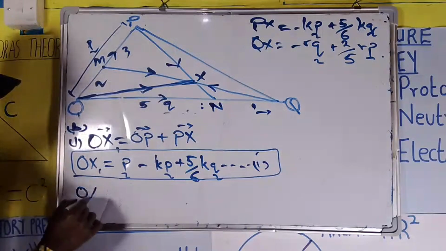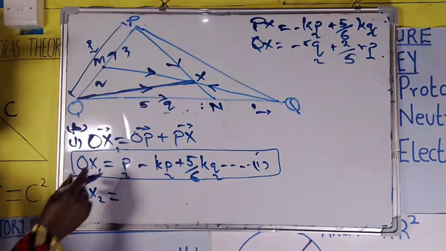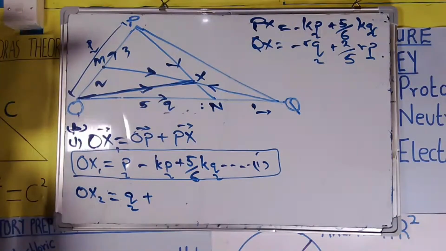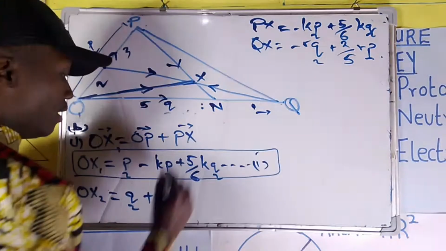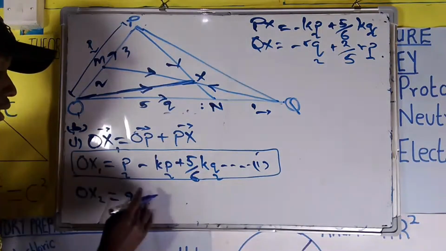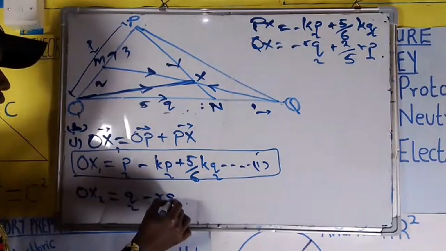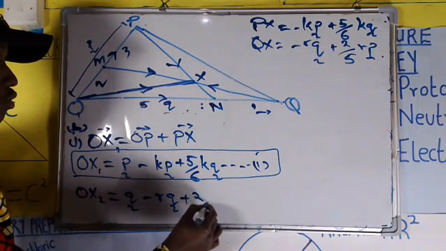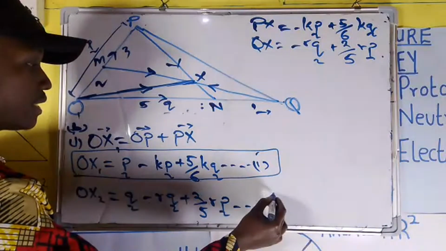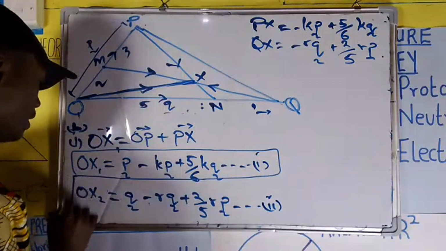So OH yetu ya pili itakuwa nini? OQ ni Q plus QH ni nini? Ni plus minus. Plus minus becomes minus. I hope you can understand. So itakuwa minus RQ plus 2/5 RP.